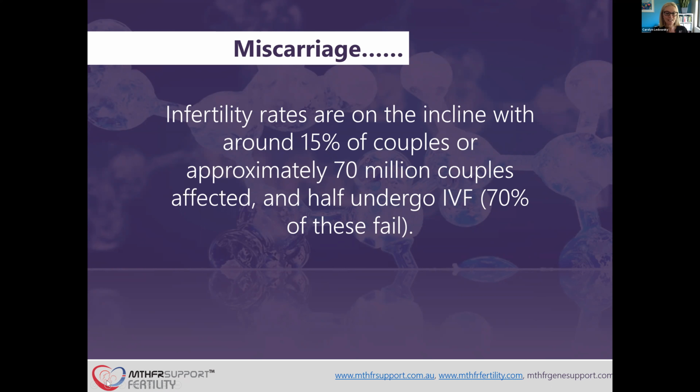Therefore, if you are low in your methyl groups, chances are that it will fail, at a cost of 8,000 to 10,000 per attempt. So one of the girls in my research study had 10 failed IVF, 10, and she successfully fell pregnant with no IVF.